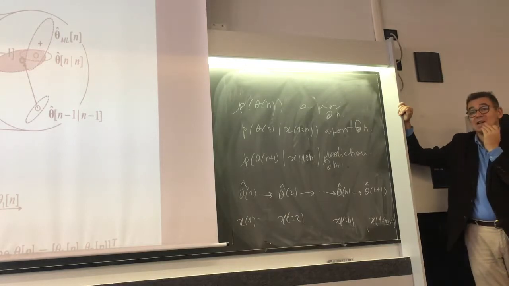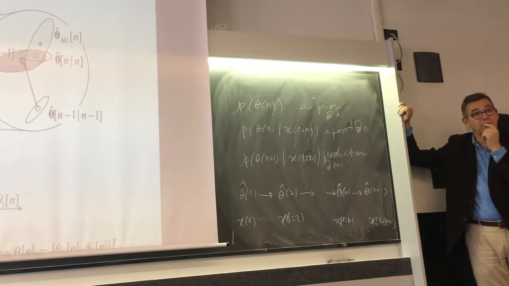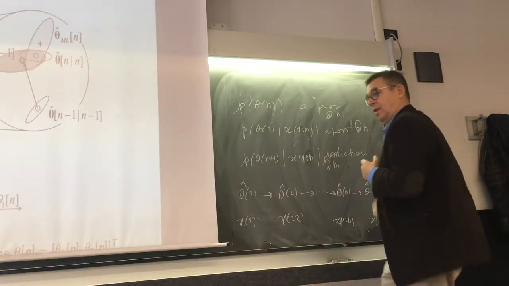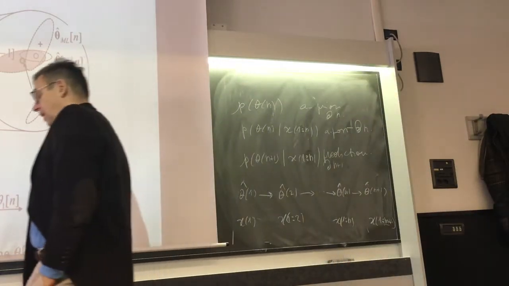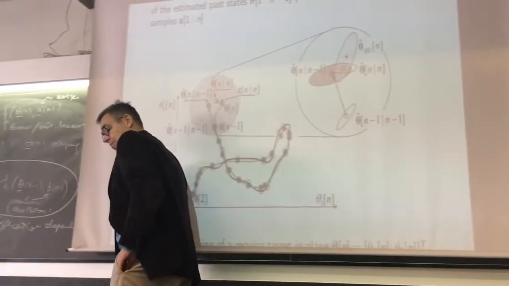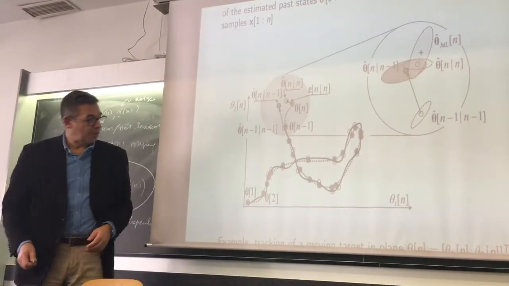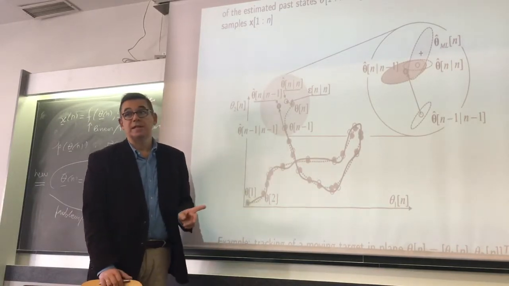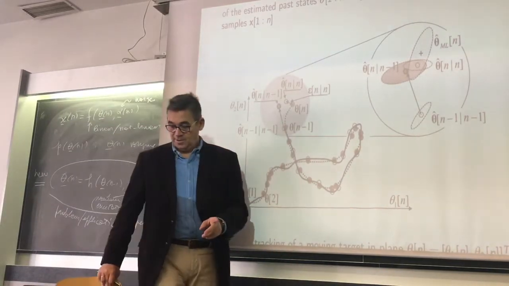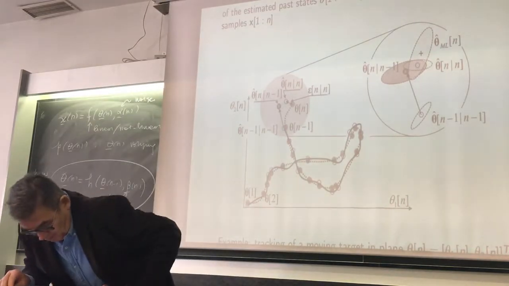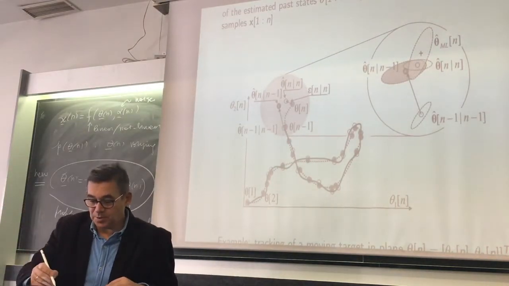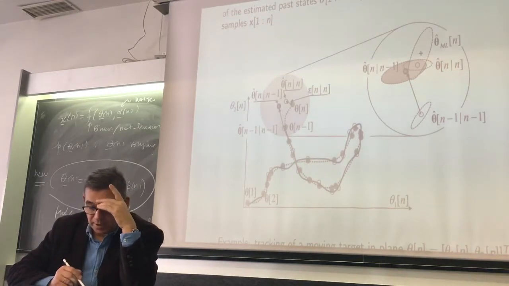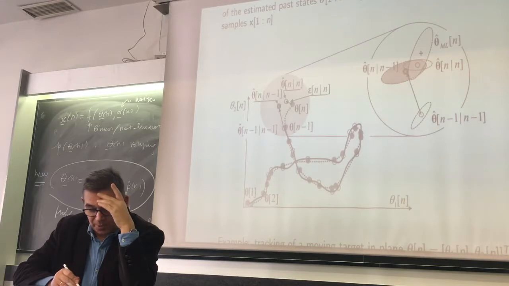Now, let's adapt the concept visually to tracking. What's happening in tracking for position? Let's imagine that this point represents the position in space. The true position in space is a point which is moving.